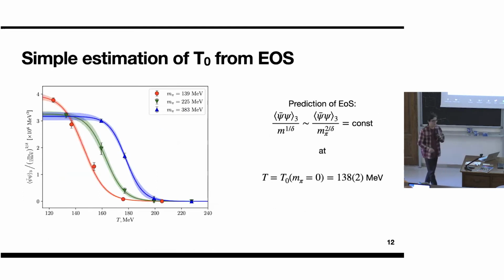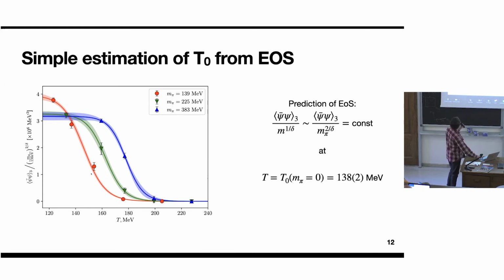Another interesting approach to estimate the critical temperature in the chiral limit is that if we take this new observable psi bar psi 3 and rescale it by the quark mass to the appropriate exponent, then it should be constant exactly at the critical temperature in the chiral limit.